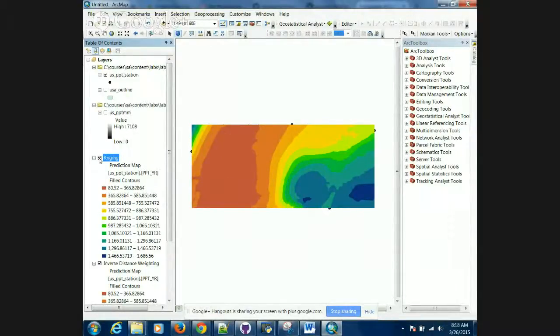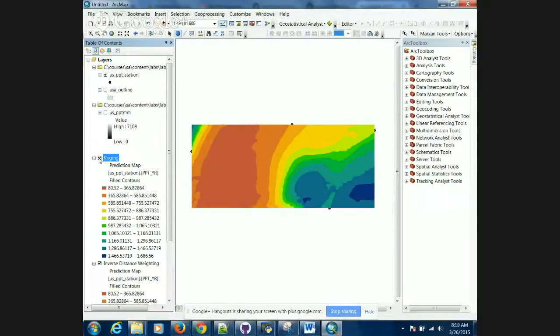Well, the primary thing is that because of the input parameters, kriging chose different weights and weighted points in different directions differently than IDW did, whereas IDW only considered the distance to the known locations as the only variable in determining the weights.